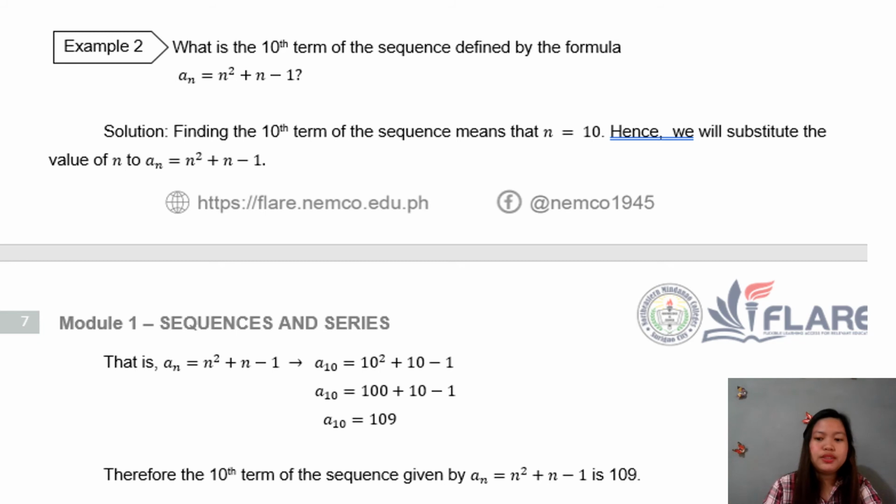And of course, plus 10 minus 1. So, 100 plus 10, that is 110 minus 1, that's 109. Therefore, ang ato ikanapuyo na term of the sequence given by a sub n equals n squared plus n minus 1 is equal to 109.